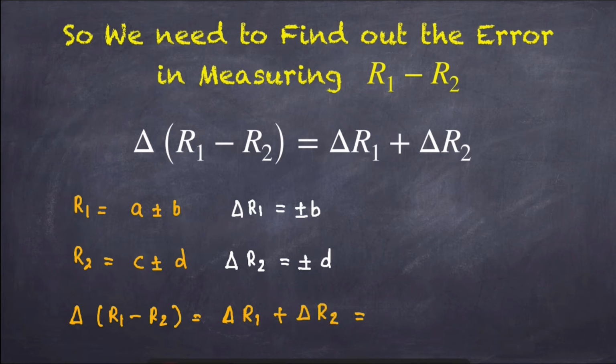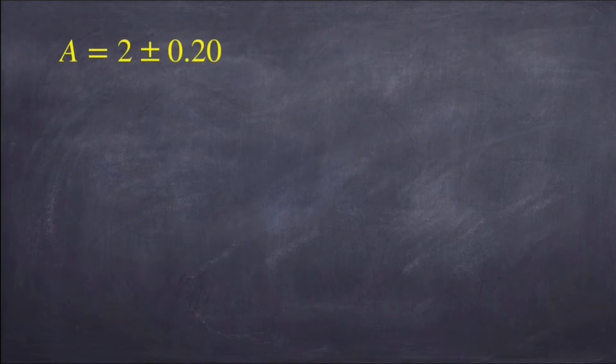What is the absolute error of R1? Plus minus b. What is the absolute error of R2? Plus minus d. So the absolute error of the expression R1 minus R2 will be equal to plus minus of b plus d.